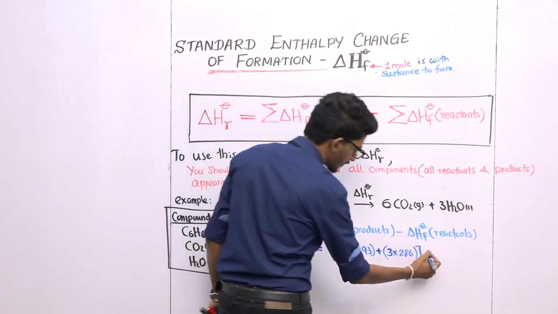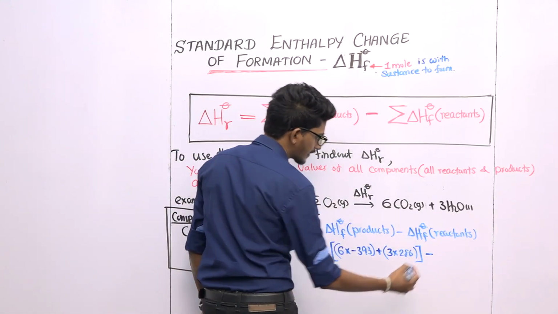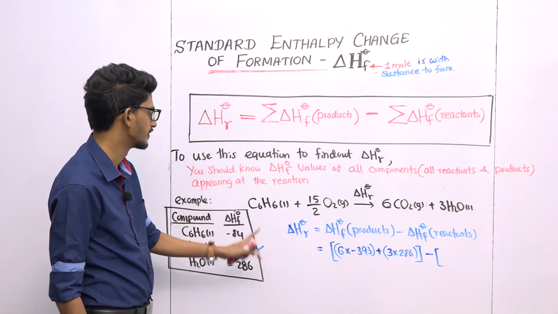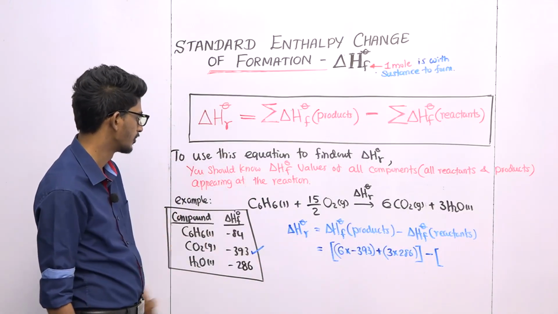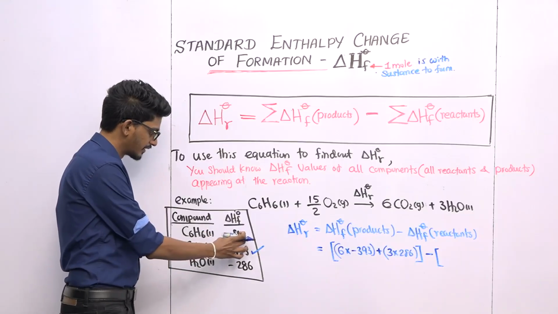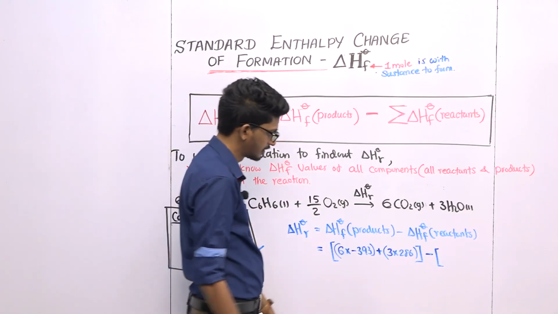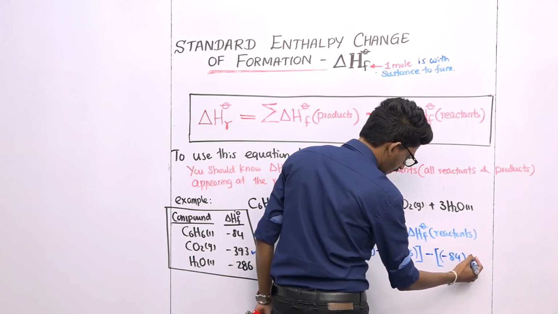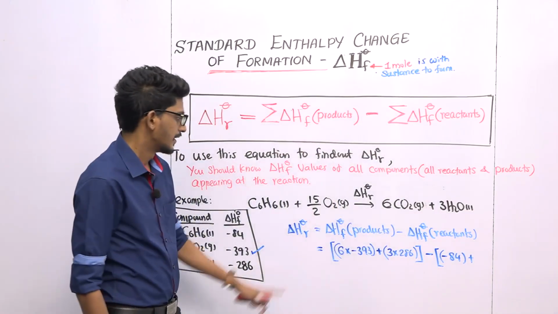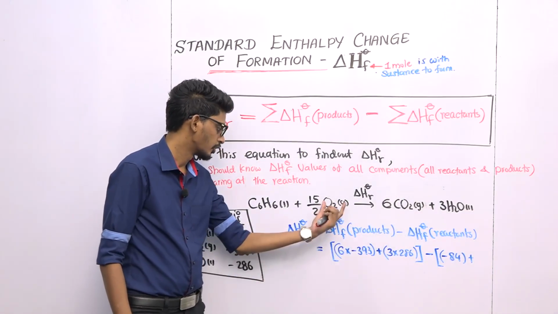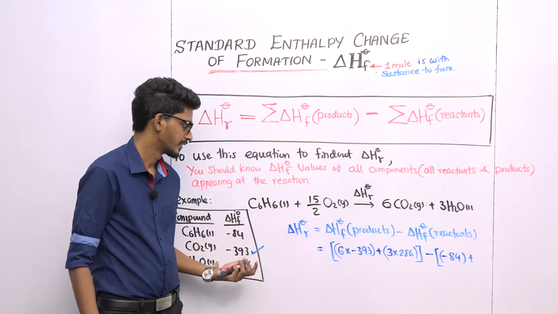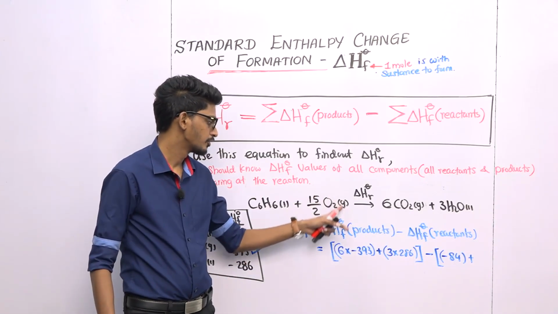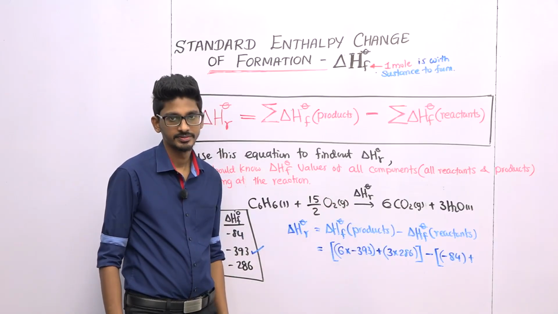Then minus the values of the reactants. You have C6H6, just 1 mole formed, so that carries minus 84 kilojoules of heat change. Plus O2, whose value is not provided, but you should know it. What is the delta H value of O2 gas?